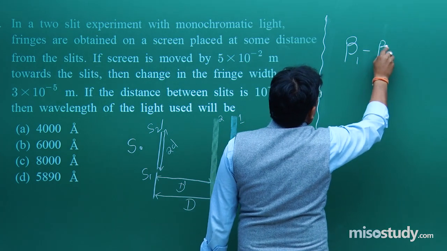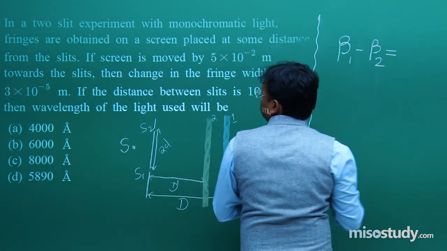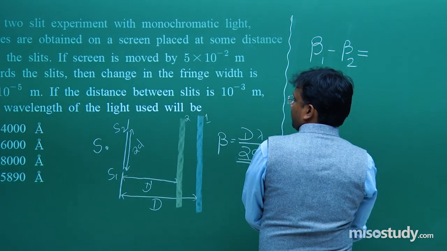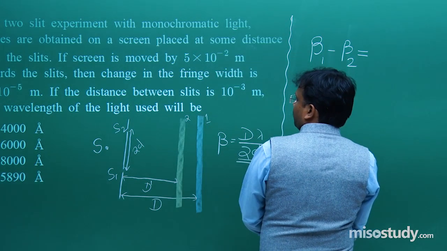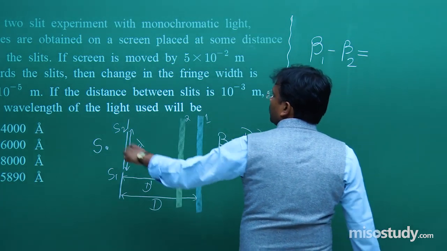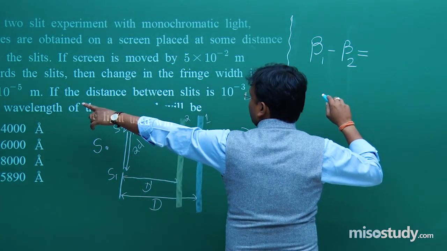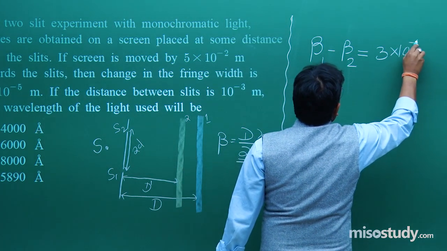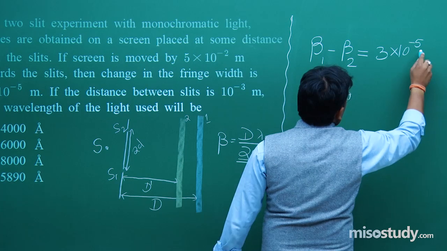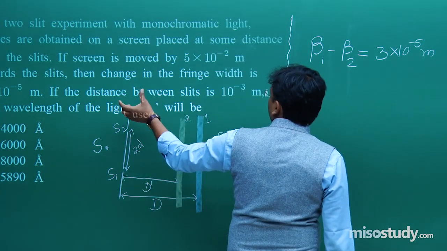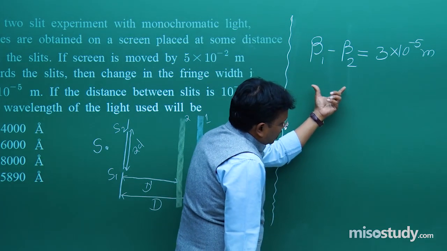Beta 1 minus beta 2, actually you have to find the wavelength. Yes, no problem, you have to find the wavelength. So, beta 1 minus beta 2 is equal to 3 into 10 to the power minus 5 meter. This is the fringe width difference because of this change.